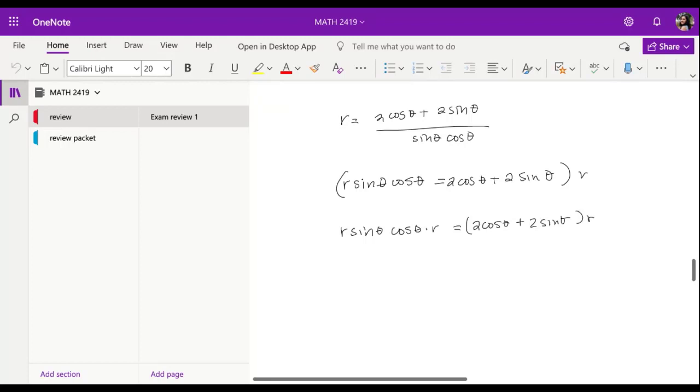And so now we have r's for each of the trig expressions. So we have r sine theta times r cosine theta, and that equals 2r cosine theta plus 2r sine theta.